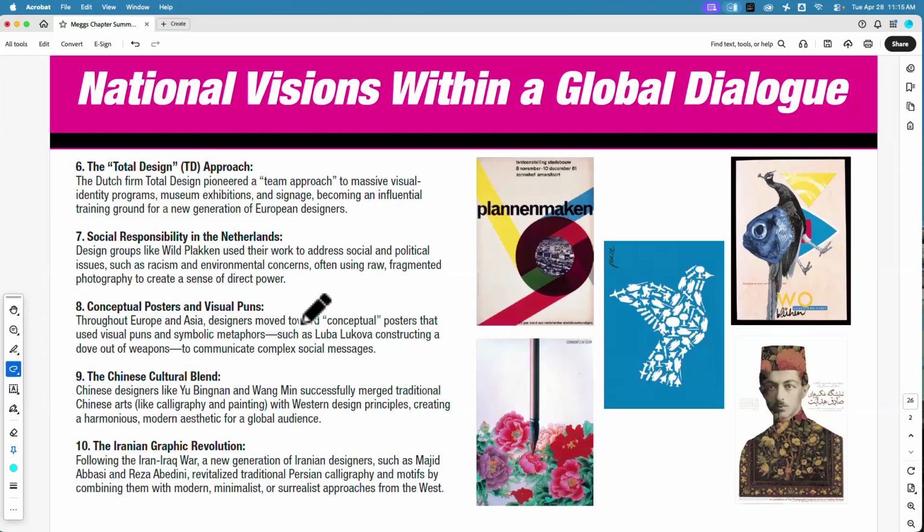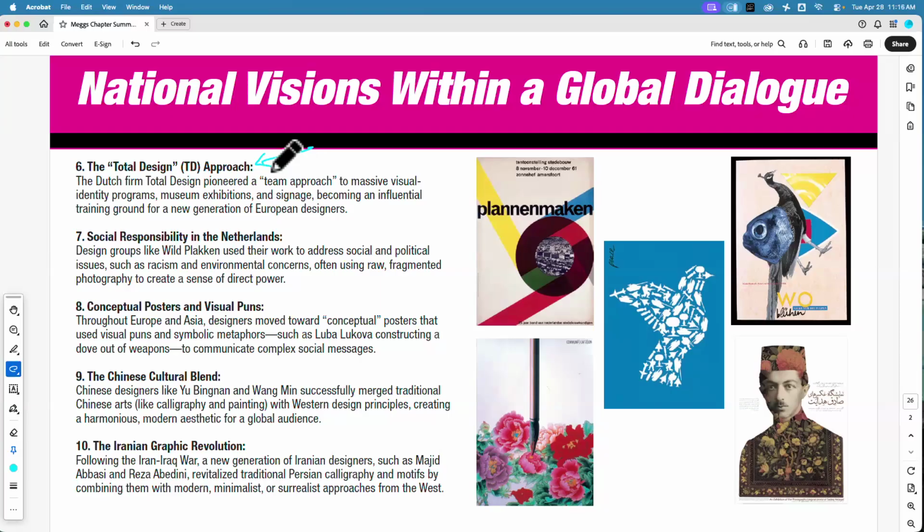I like this. I think this is very similar to Pushpin and Mad Men and stuff like that, where the total design, the TD approach, is a team approach to massive visual identity programs. If you work at a design agency, that is what you're going to get. I worked at a marketing agency where we had a design group.